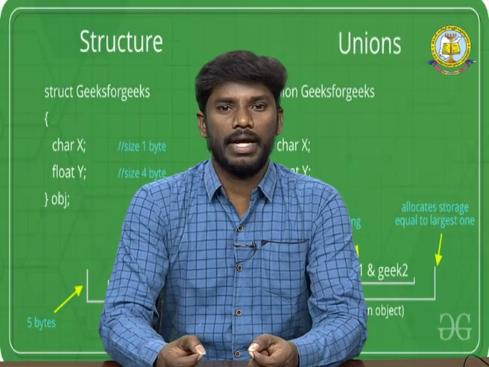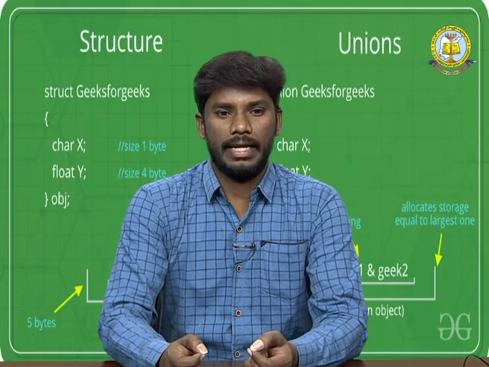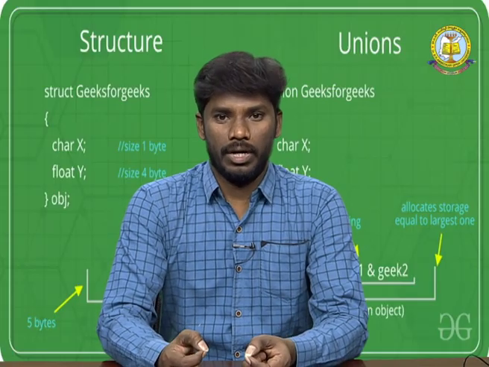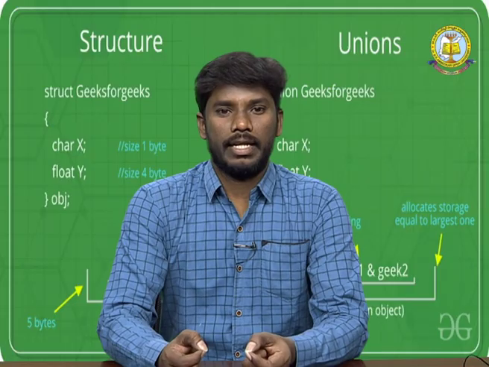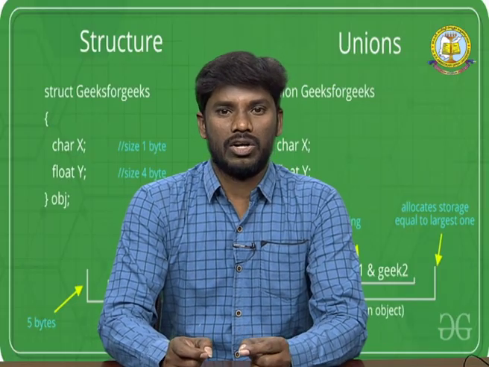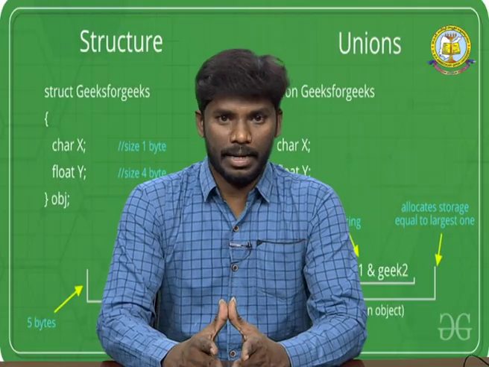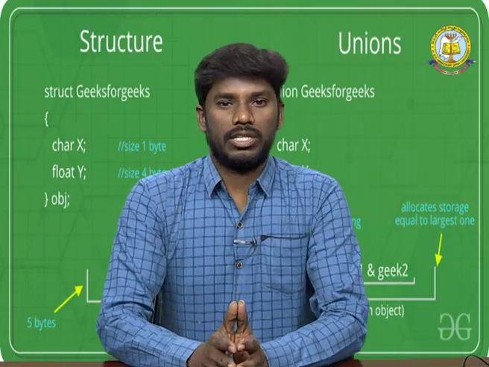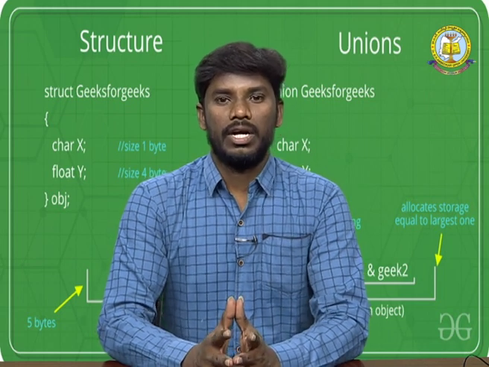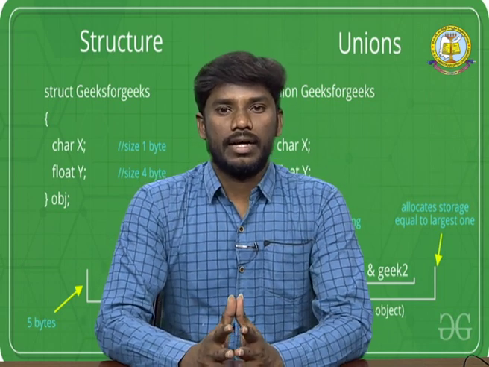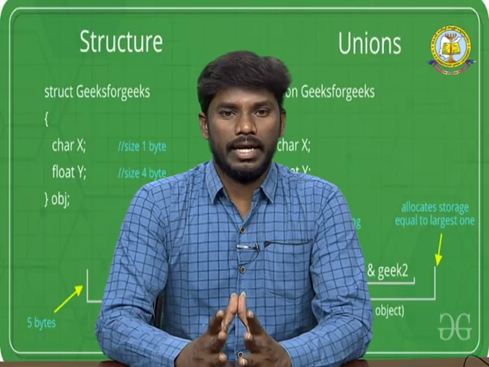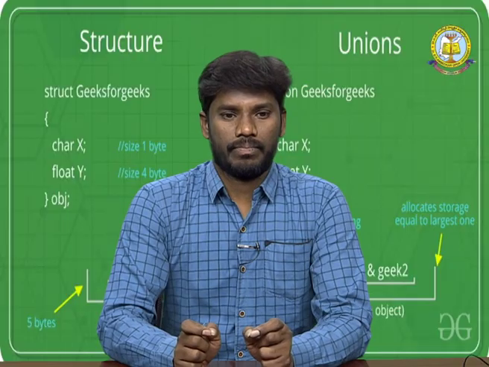So, what do you mean by a structure? A structure is a collection of multiple variables under a single name, whereas an array is a collection of multiple elements of the same data type, whereas the definition of the structure is a collection of different elements with different data types under a single name.